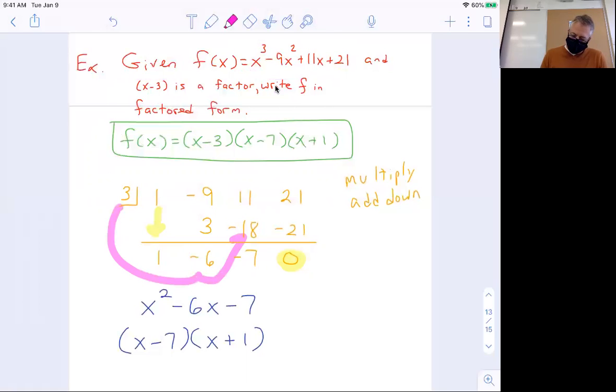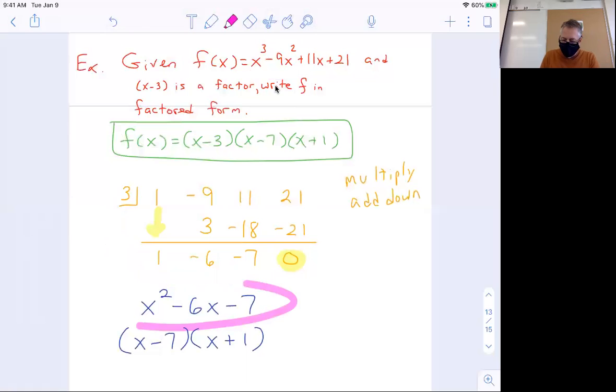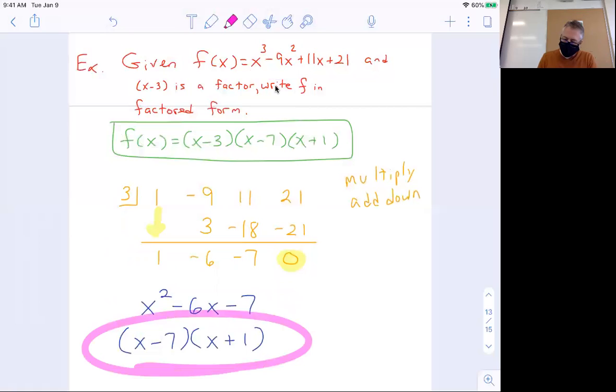Multiply 3 times negative 6 is negative 18, and add down. Multiply 3 times negative 7 is negative 21, and add down, and we got 0. So that then gave us our coefficients, which I wrote as x squared minus 6x minus 7, factored into our two factors, and those guys completed our answer.